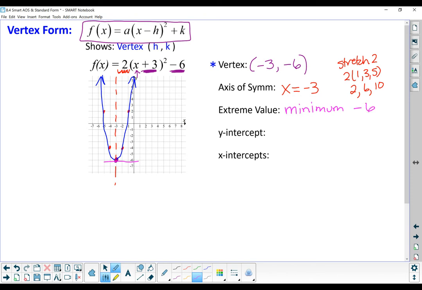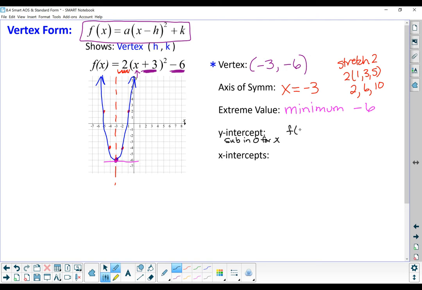The y-intercept of this function, now it doesn't even show on the graph, so we can't just pull that number off of the coordinate plane. If you ever need to know the y-intercept and you can't see it visually on your graph, that just means you sub in 0 for x in your function.